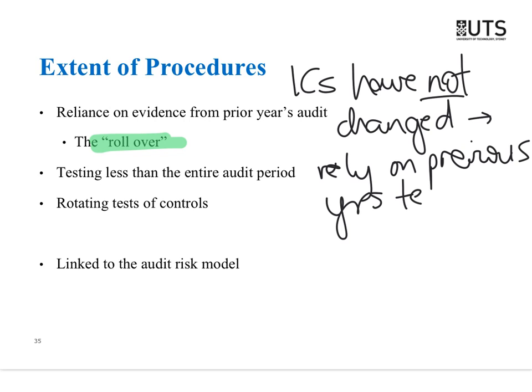Now, given the current climate and pace of change in business, that's virtually impossible. Companies are always tweaking their computer systems, they're changing functionality, they're adding functionality. So the rollover is something we're going to see less and less of because controls are changing a lot more rapidly now than they were in the past.